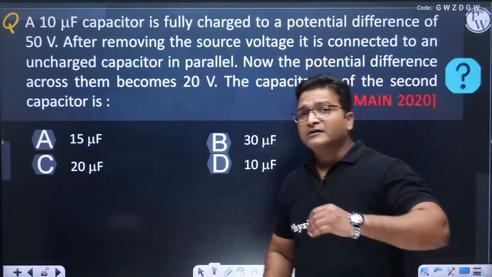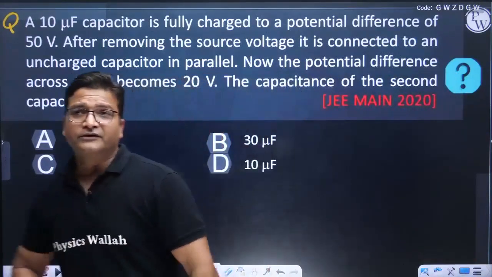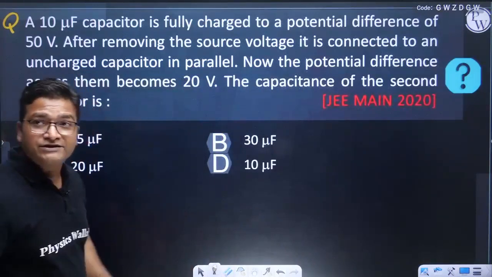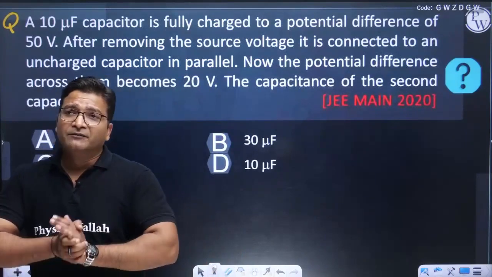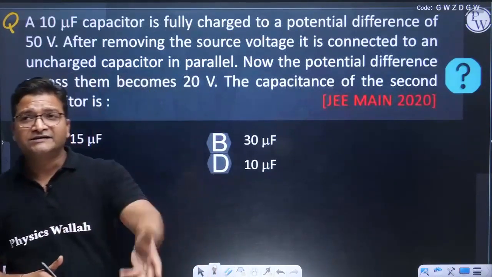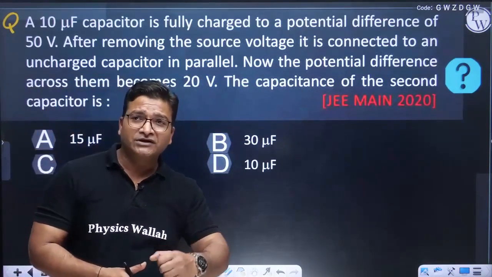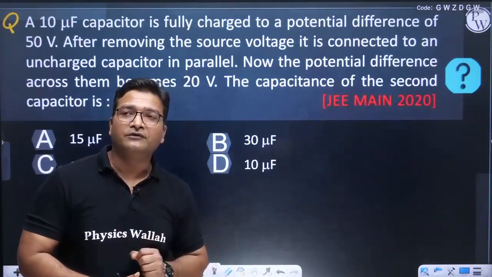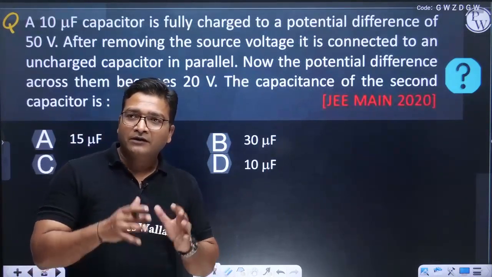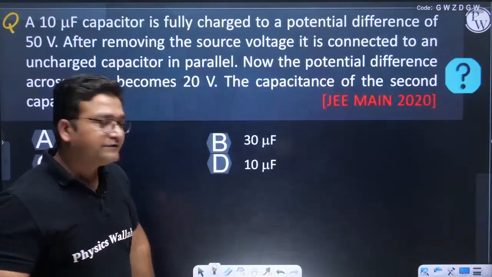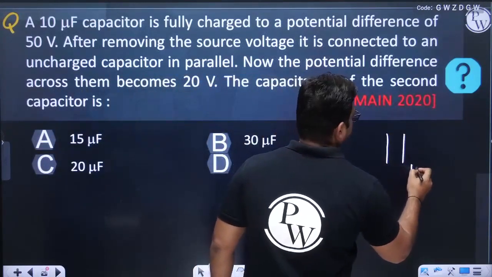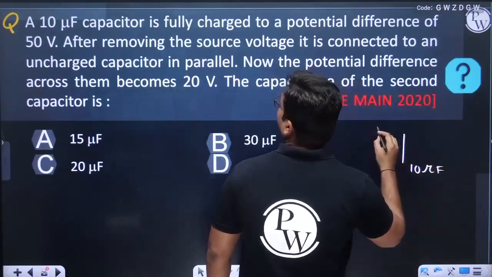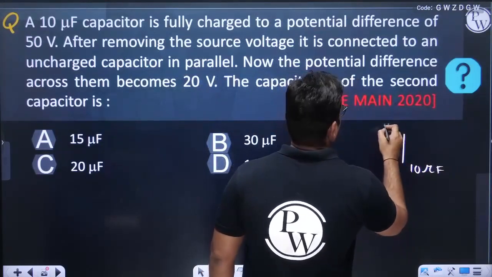Just solve it yourself and then look for the solution. So here we have a 10 microfarad capacitor fully charged to potential difference 50 volt. After removing the voltage source, it is connected to an uncharged capacitor in parallel, and now the potential difference across them becomes 20 volt. What is the capacitance of the second capacitor? So we have one capacitor of 10 microfarad charged to 50 volt.